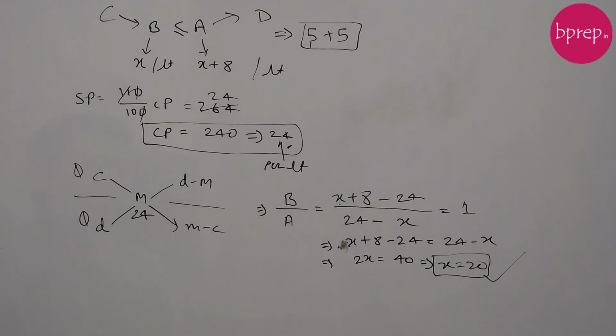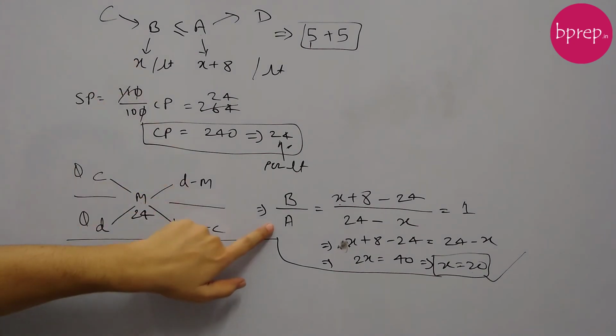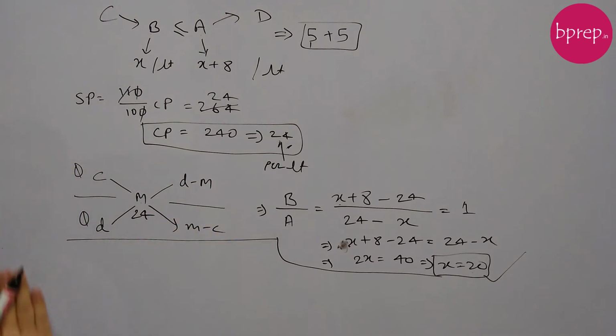Now we'll also see the algebraic way of solving this question. If you find this formula and applying the formula too difficult, it's okay. Let's follow the algebraic way. Okay. So let's say the volume of A. The total volume of this mixture is 10 liters.